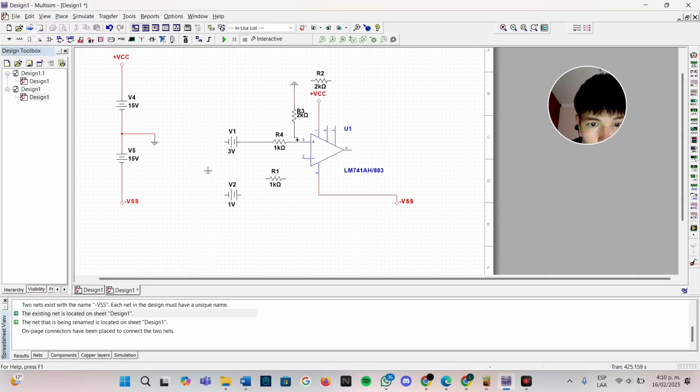And on the negative side, a resistor is connected to a voltage source, this is V, and two voltage sources in ground. And this resistor is connected with the negative port and in Vout.